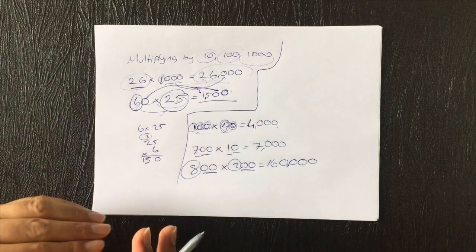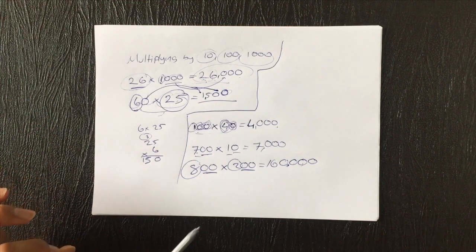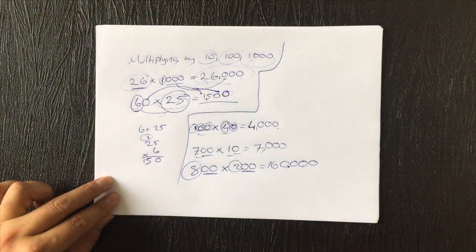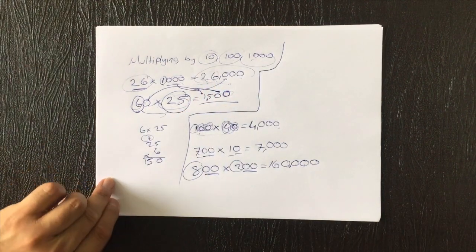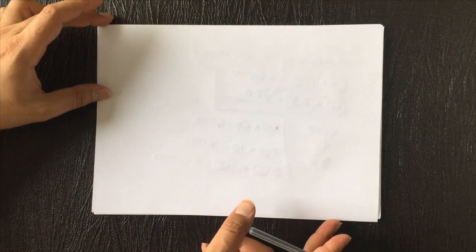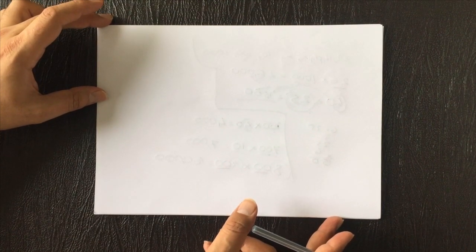Okay, so let's pass to multiplying by two-digit numbers, not 10, not the other ones. Let's use the back of the paper. We don't have to throw it in the basket like a ball.